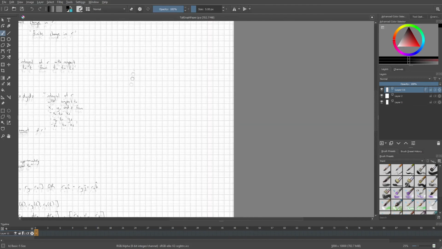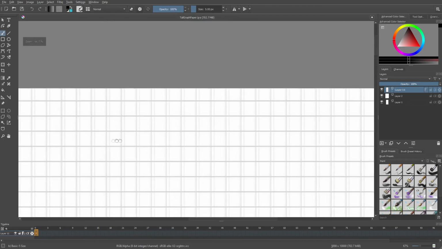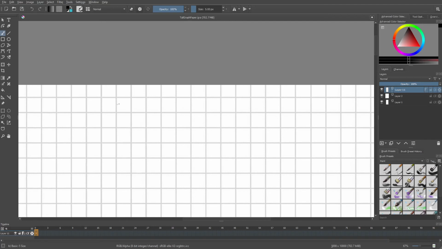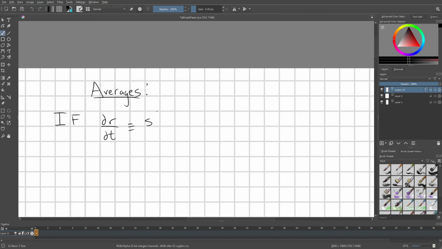The final point that I want to talk about has to do with averages. Let's say dr over dt is defined as some variable s.